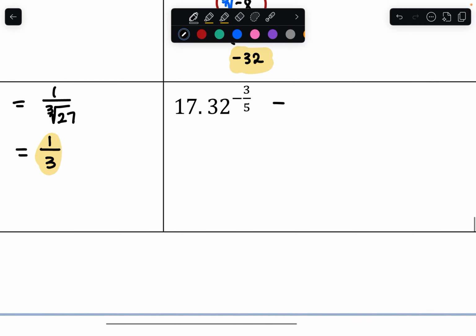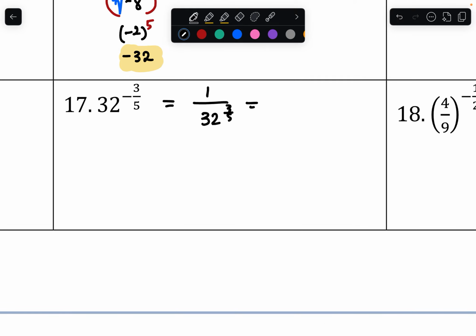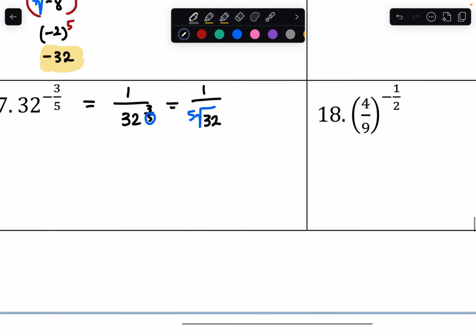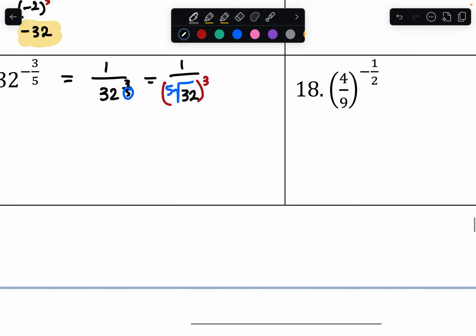Okay, same thing here. I need to write the 32 to the positive 3/5 power. And then that 5 in the denominator is my 5th root. We've been working with 2 to the 5th power, so we know the 5th root of 32 is 2, and then we're going to raise it to the 3rd power.